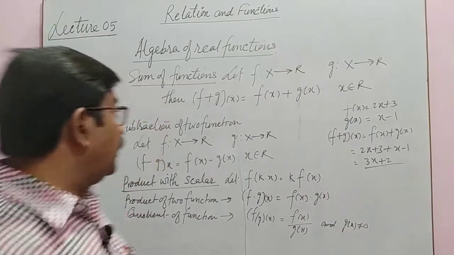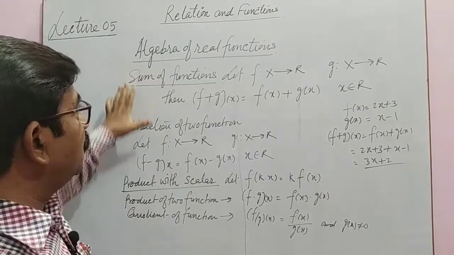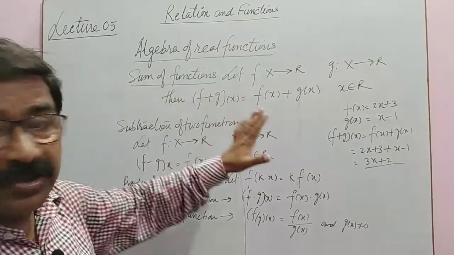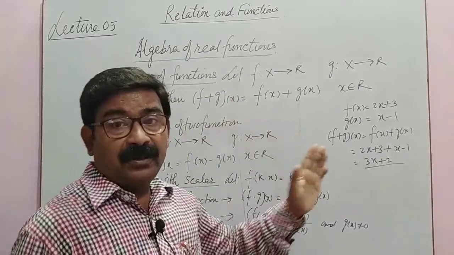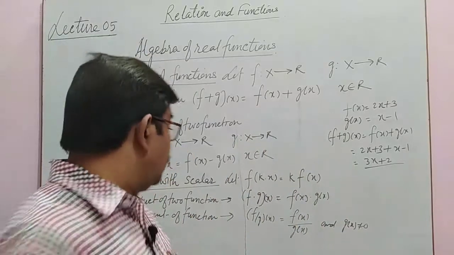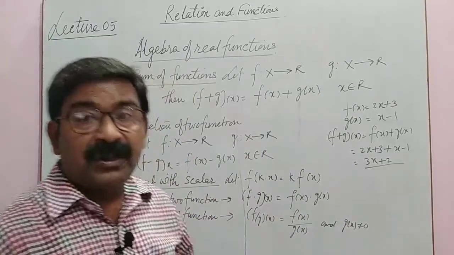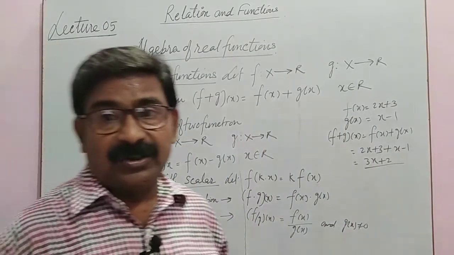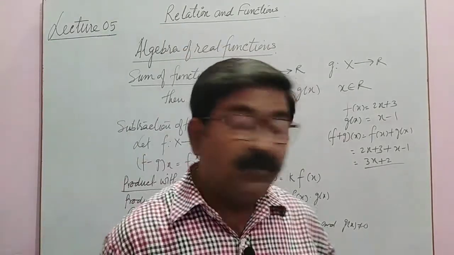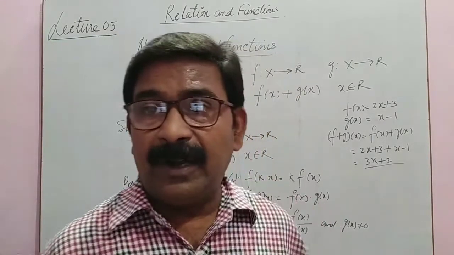So we have these methods of algebra: addition of functions, subtraction of functions, multiplication with a scalar quantity, product of two functions and quotient of two functions. Got it? So this is all about the algebra of functions in your book.